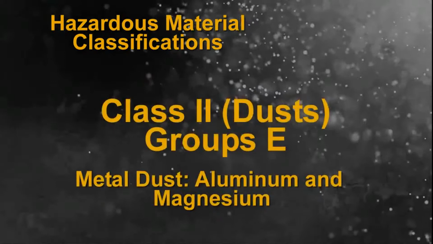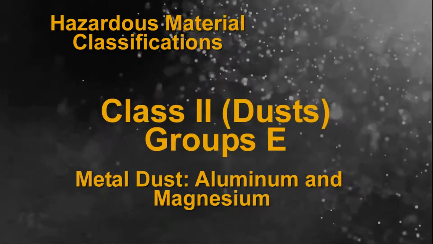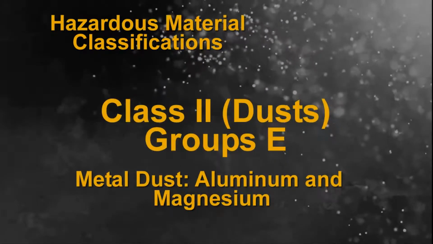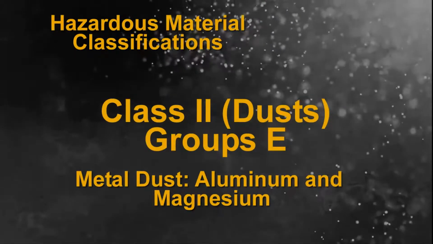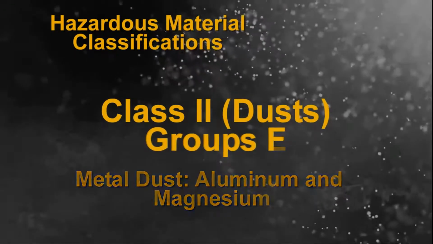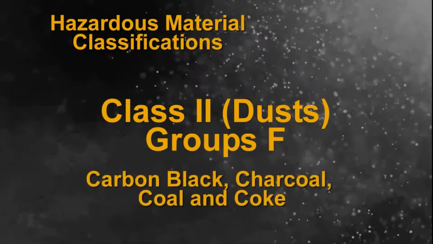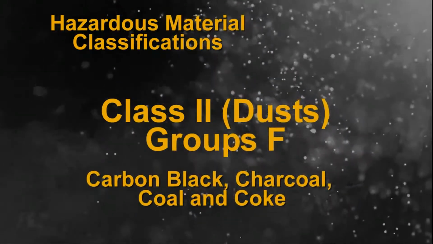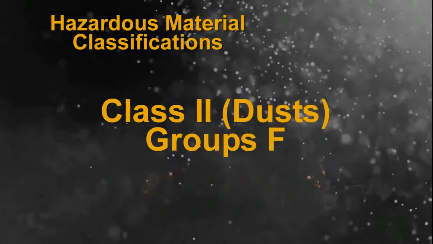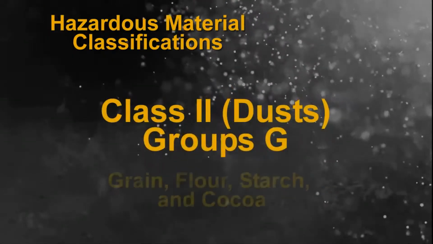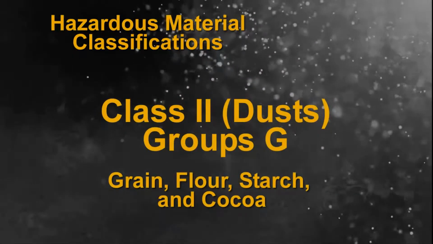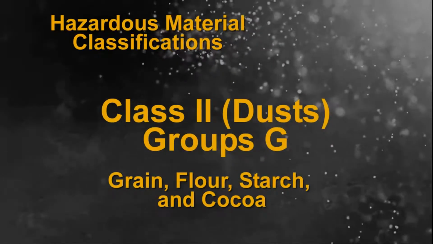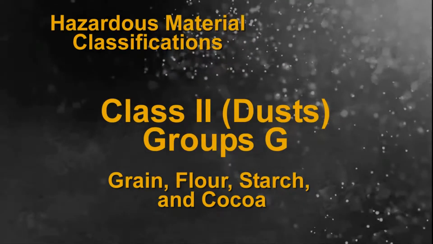Metal dusts are categorized in the code as Group E. Included in here are aluminum and magnesium dust and other metal dust of similar nature. Group F atmospheres contain such materials as carbon black, charcoal dust, coal, and coke dust. In Group G, we have grain dust, flour, starch, cocoa, and other types of materials.